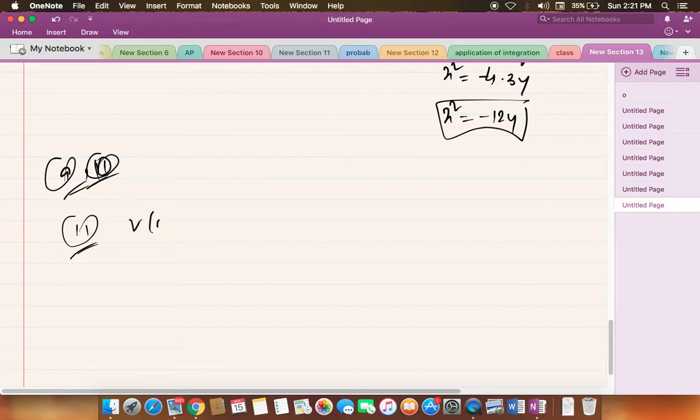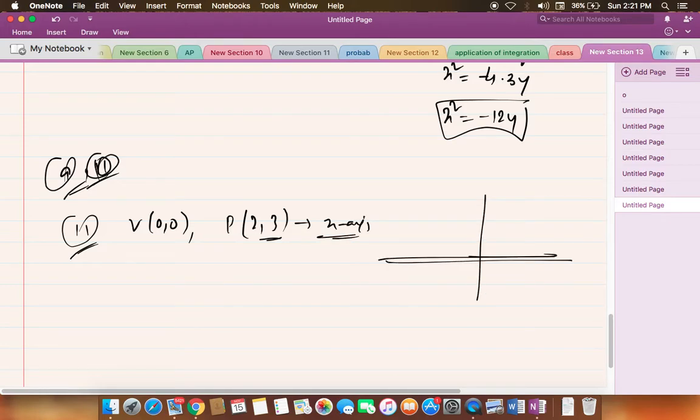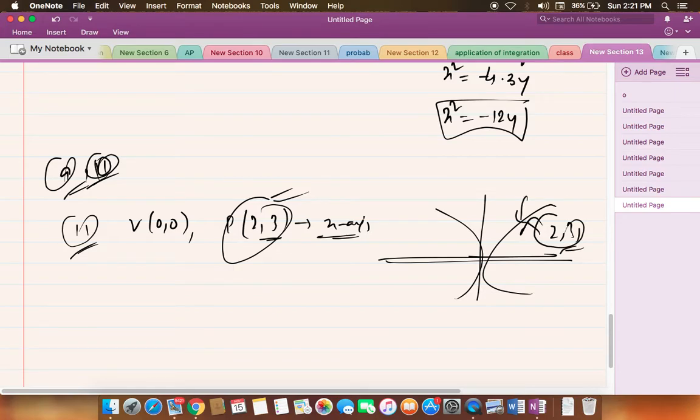The vertex has been given to you as 0 comma 0, passes through the point 2 comma 3, axis along x-axis. Axis is along x-axis, meaning it's either this way or this way, and the parabola passes through 2 comma 3. Obviously 2 comma 3 is in the first quadrant, therefore which type of parabola is this?